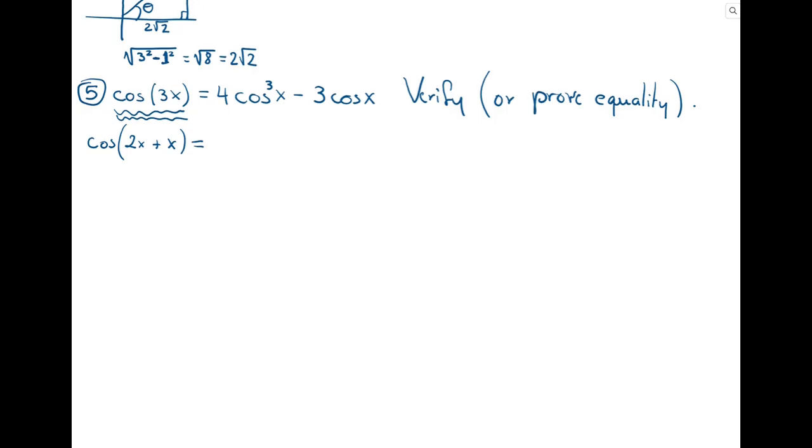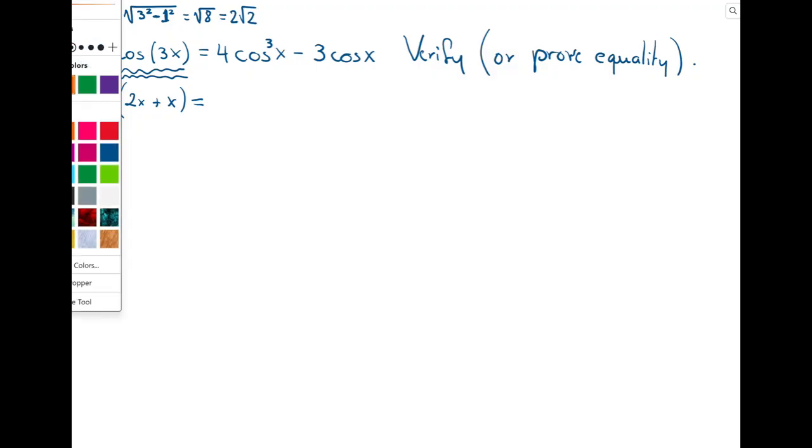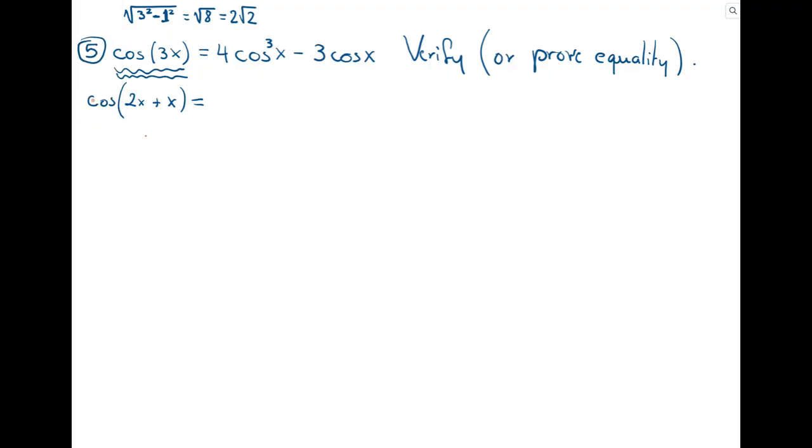Now I'm going to rewrite cosine of 2x plus x. So first of all, let's use colors here. So that cosine of 2x plus x is going to become, so I'm going to split the sum formula, right?